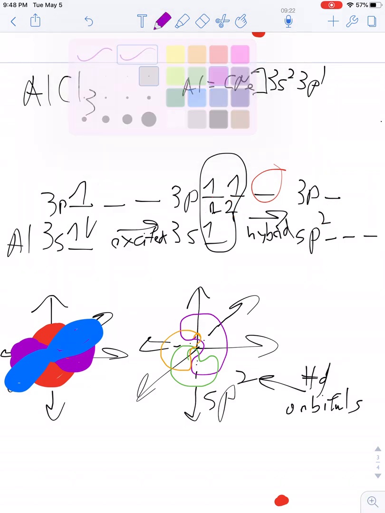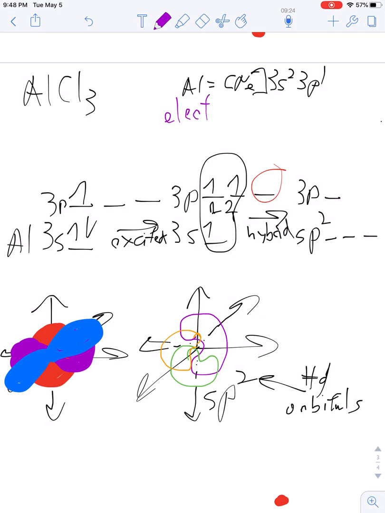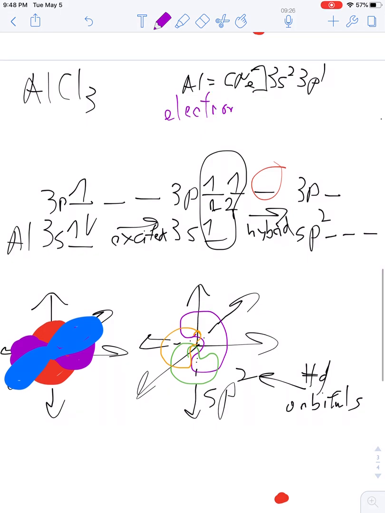Whereas when we are talking about electron configurations, the superscript means the number of electrons. So it means I've got 2 electrons in the S and 1 electron in the P. So electron configurations, the superscript means the number of electrons, whereas hybridization, the superscript means the number of orbitals.